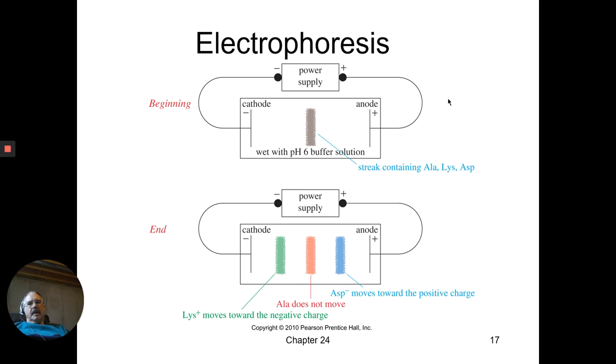Amino acids can be separated by electrophoresis. And this simple diagram shows that if we use a pH 6 buffer solution and we want to separate 3 amino acids, okay, for alanine, we're at the isoelectric point, so that doesn't move.